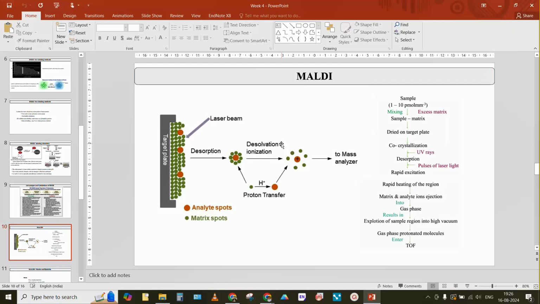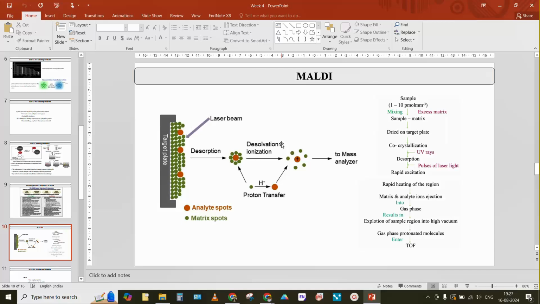Once you have selected a matrix for the experiment, the analyte and matrix can be dissolved in an organic solvent, and then placed on the metallic target. As you can see in this slide, the first left section shows how to place the analyte and matrix together on the sample plate. Once placed, you can put that in the vacuum chamber and apply high voltage.